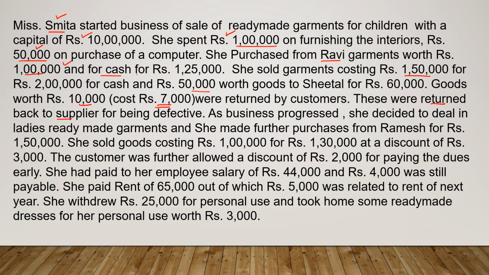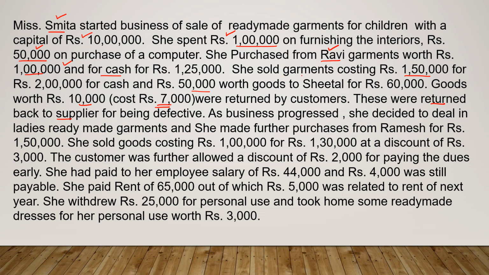And we also learned that there are two types of purchase, cash purchase and credit purchase. Now with the credit purchase, we learned about the term creditor. In this case, Mr. Ravi is a creditor for Smitha, to whom Smitha owes money. She has to pay at a later date, and he will be classified under current liability in the balance sheet.